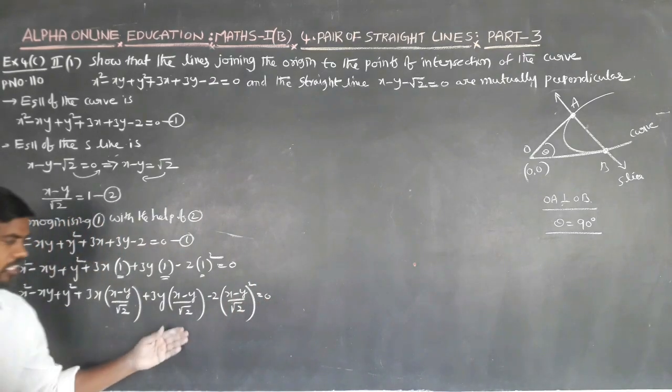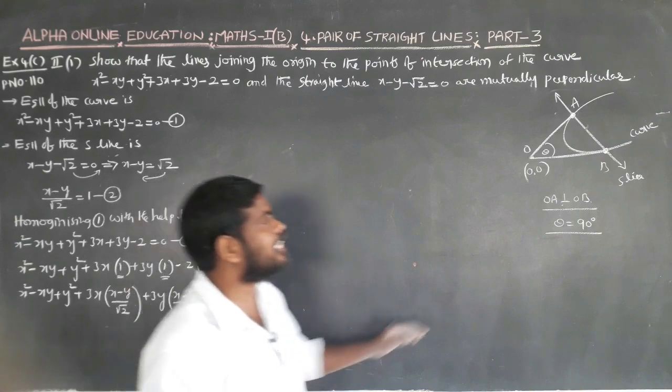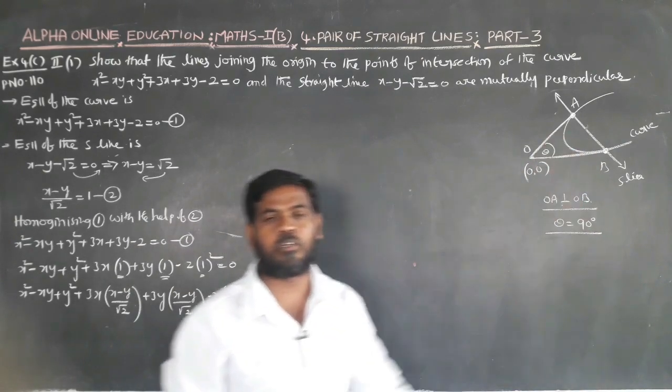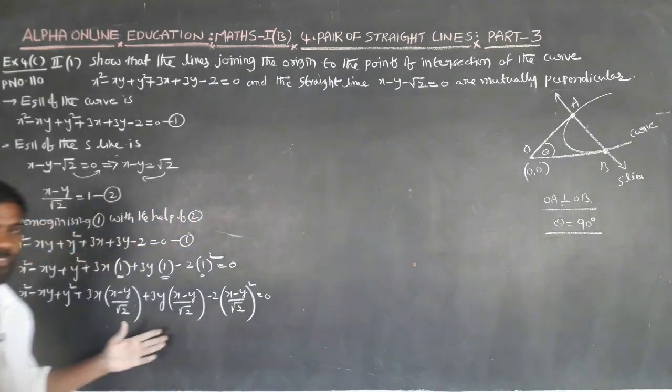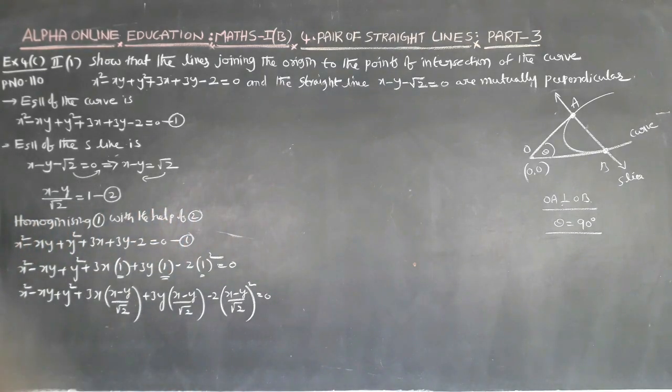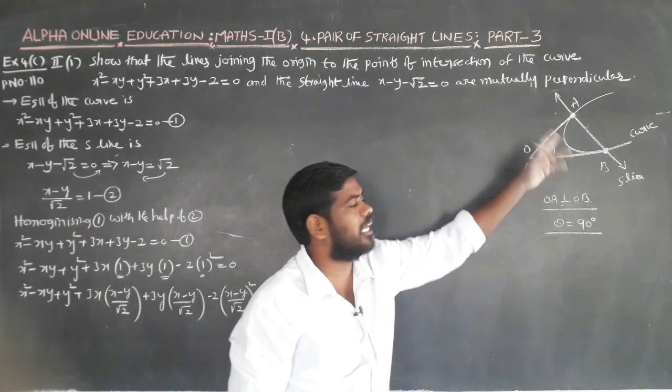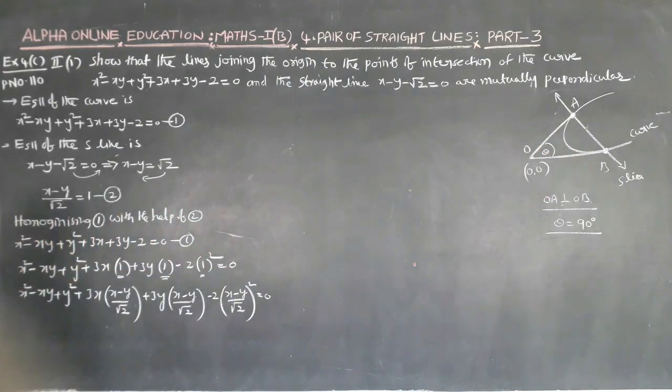This is the equation representing a pair of straight lines OA and OB. This is the combined equation of the lines OA and OB.